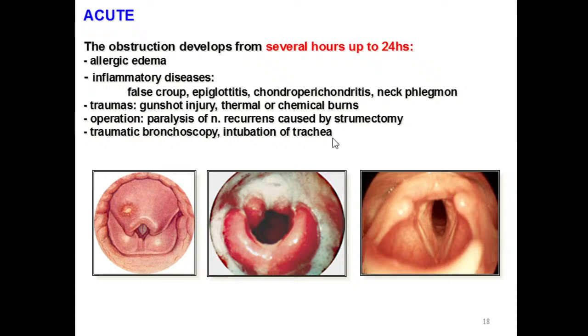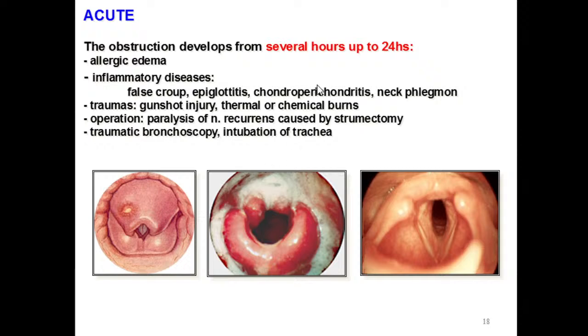And you remember that these recurrent nerves pass through the superior ridge of the thyroid gland, and during strumectomy or some operation on the thyroid gland, these nerves may be damaged.